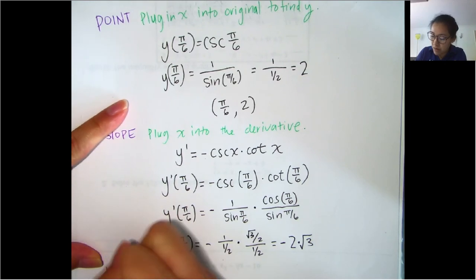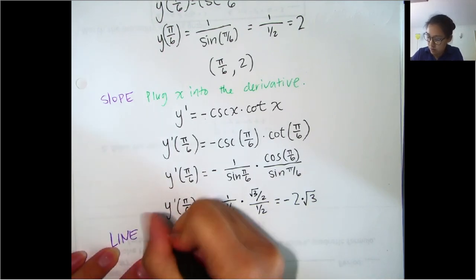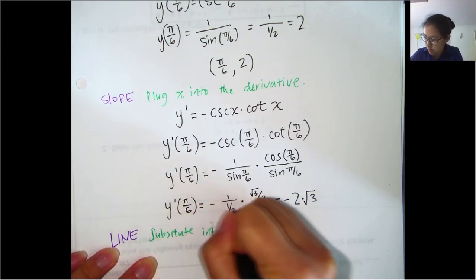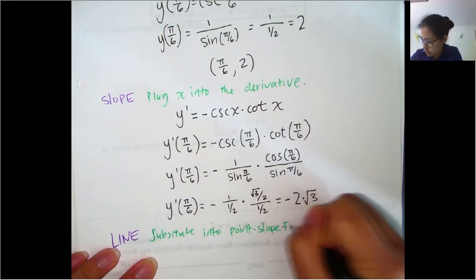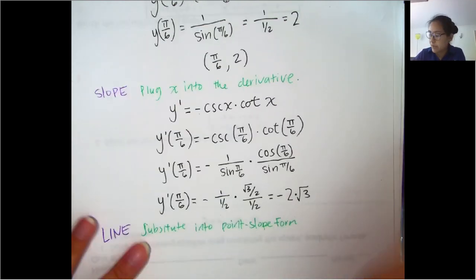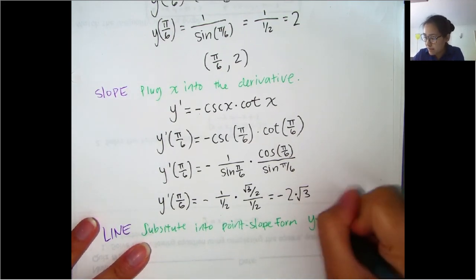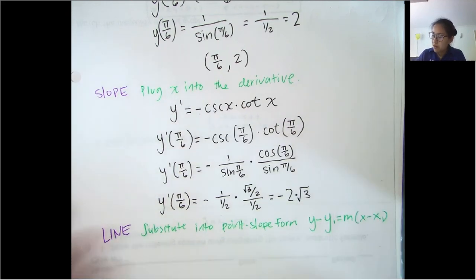Okay, and so now we want to write the equation of the line. We're going to substitute it into point slope form. If you forgot what point slope form is, that's going to be y minus y1 equals m times x minus x1. And m, of course, is the slope. y1 and x1 are the x and y values of the point.